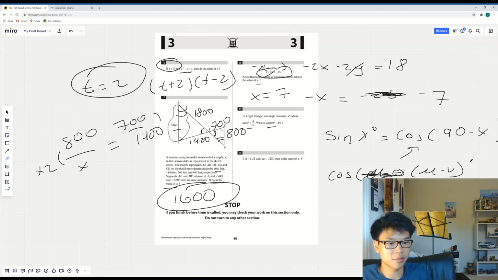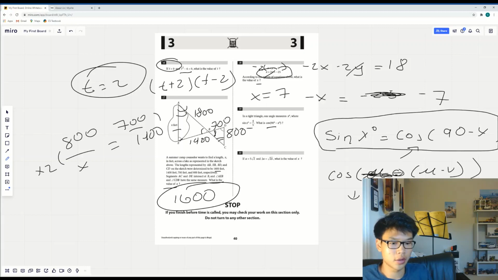There's a proof saying why this is equal, and you learn this in pre-cal. If you don't want to learn the entire trig property, you could just memorize this, and it goes the opposite way too, like cosine x equals sine of 90 minus x. It goes both ways.